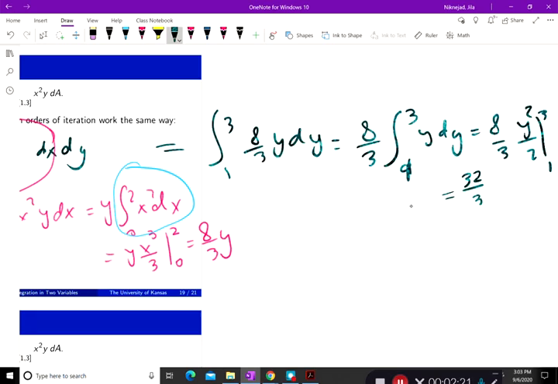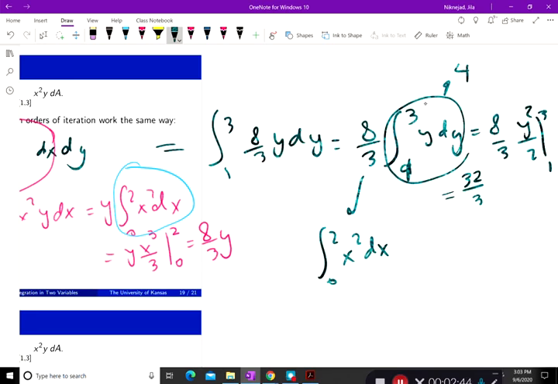One thing I want you to notice: that 1/3 was the integral from 0 to 2 of x squared dx. Then you ended up with another 4, which was this other integral.